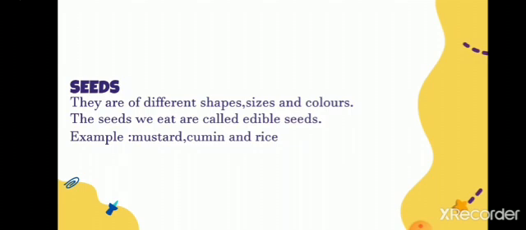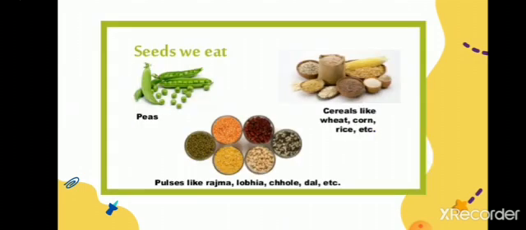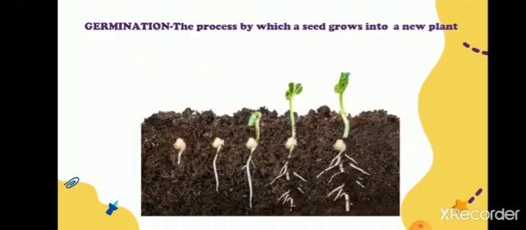They are called edible seeds. For example, the cereals like wheat, corn, rice, and pulses like rajma, chole, dal, or peas. They are also seeds which I can eat. They are called edible seeds.